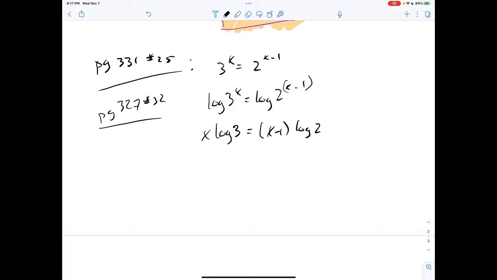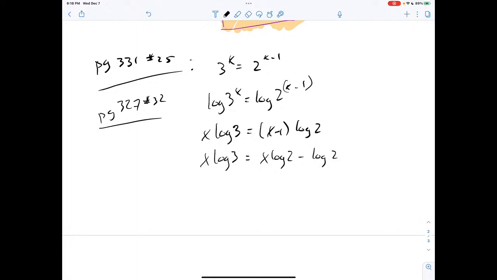So that's one way you could go about doing it, but it's still not easy because I have to solve for x, and I can't get at this x value unless I distribute this log 2 into the brackets, right? Because you can't get at that value unless you break it apart. So this becomes this, right?